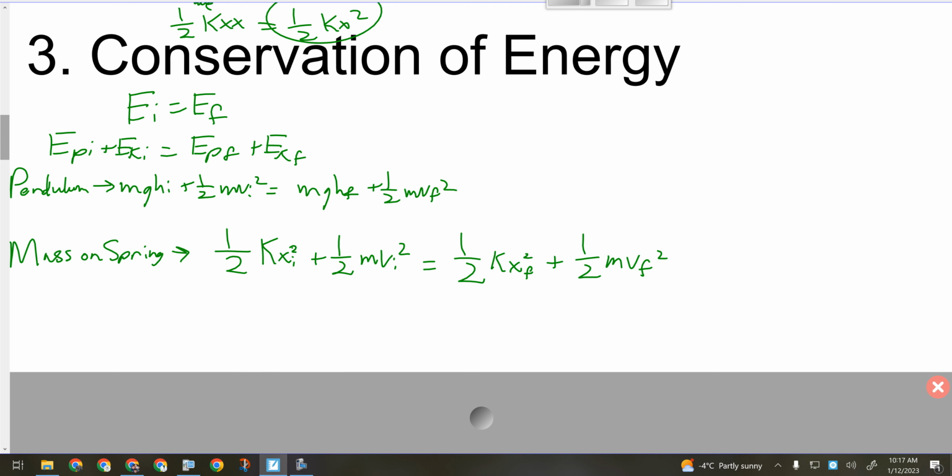Does it work in principle any different? It doesn't. You're still going to manipulate and solve for whatever you don't have. In a pendulum question, you can cancel all the masses. In a mass on a spring question, you can cancel all the halves. It just kind of depends on how you want to look at it. But in principle, they are exactly the same. The mechanical energy at one point equals the mechanical energy at the other point.